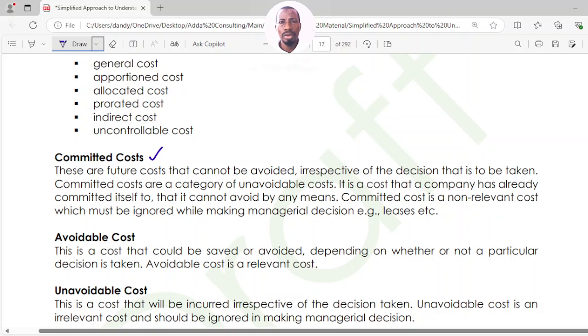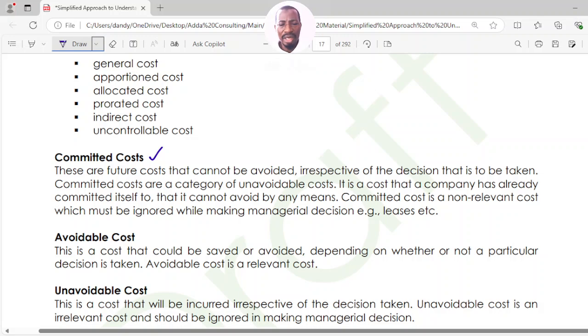Whatever the dictate of the contract agreement will become binding on both parties. Whatever happens in the future, whatever the company has agreed to pay in relation to the contract price must be paid. Irrespective of the future decision that is to be taken, it will not change anything.